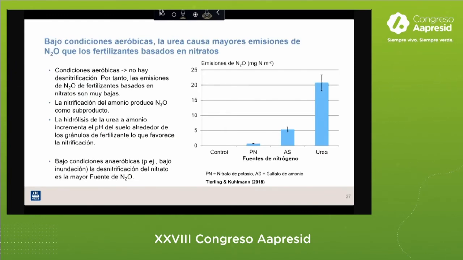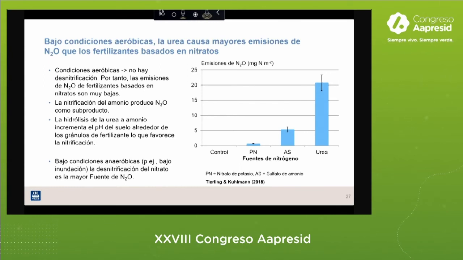Under aerobic conditions, so if we have a well-managed arable soil where there is no oxygen deficiency, then normally the emissions are generally low. And we can also observe that the emissions from ammonium or urea sources are higher than from nitrates.